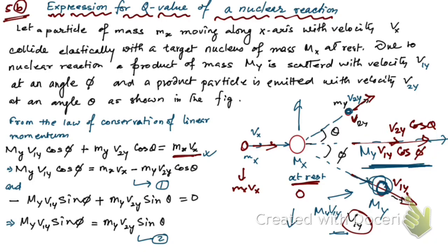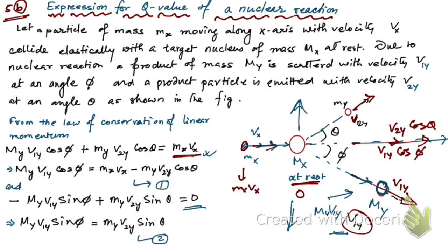Now when we take the y-axis, what happens? Initially this particle is moving along the x-axis only, so we have no initial momentum along the y-axis, so that's why we have taken it as 0.